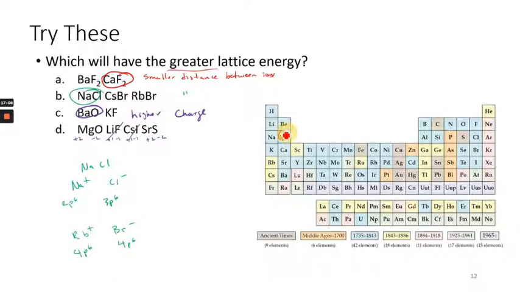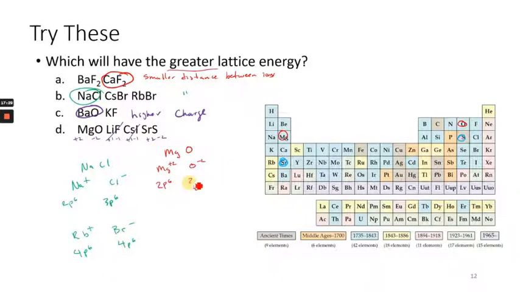So magnesium oxide and strontium sulfide. And let's look at their electron configuration. So this is Mg2+, O2-. So Mg2+ will end in a 2p6.